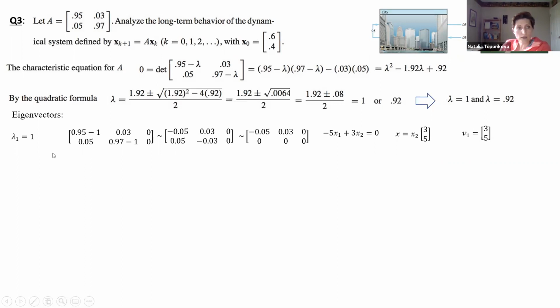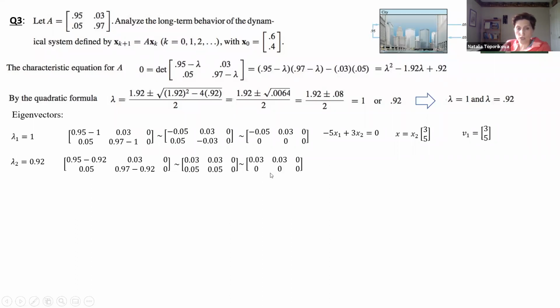Let's repeat the process for the second eigenvalue, equal to 0.92. Again, we take our matrix, subtract lambda equal to 0.92 from every diagonal element, augment it with a zero column to the right, and reduce it to echelon form.